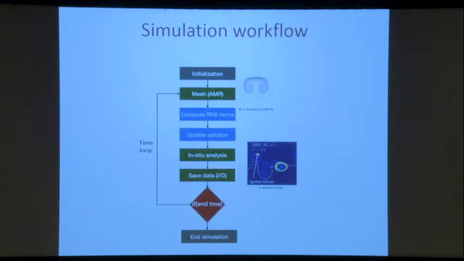And in CFD and in combustion especially, a typical workflow might look like this diagram, where you first do the initialization, and then set up your mesh, construct the various terms in your governing conservation equations for momentum, energy, and species transport, update the solution, and then rinse and repeat this time advancement loop until you're done.